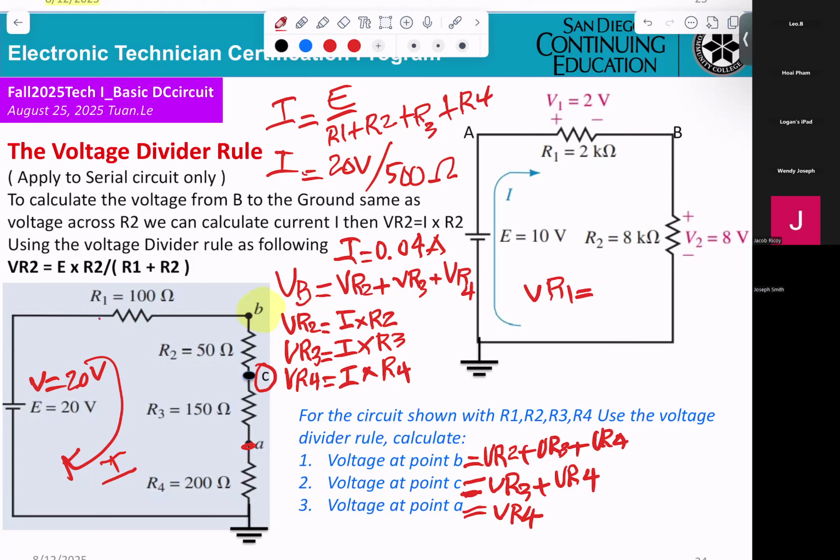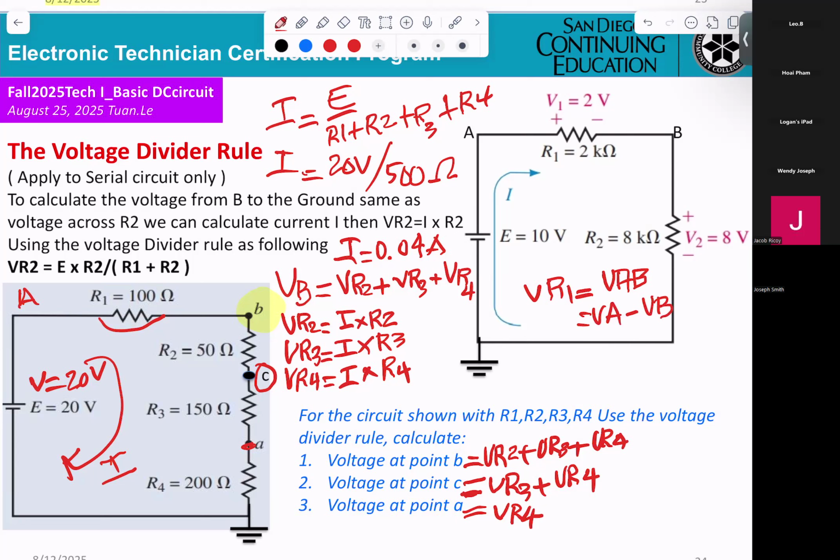That means the voltage here, from point A to B. VA to B means VA minus VB.